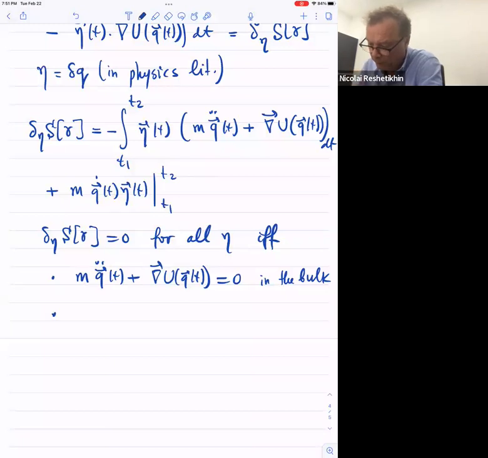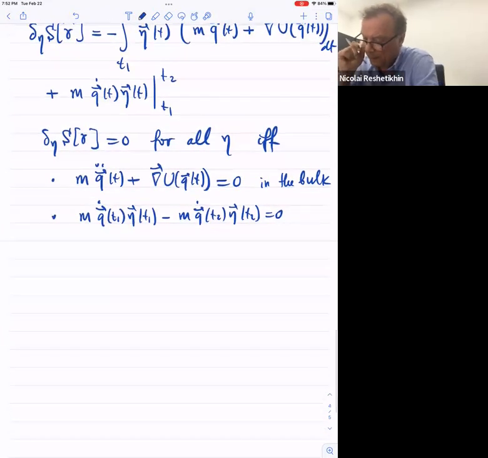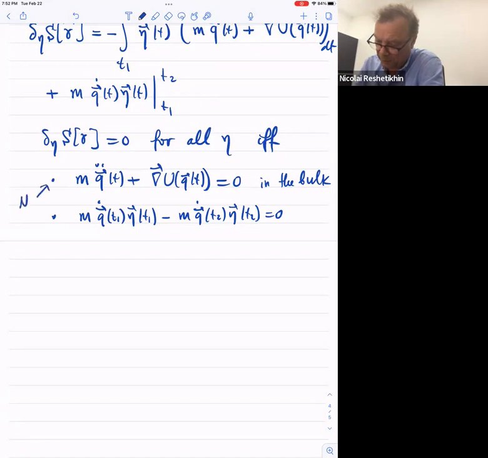But then we also have boundary terms. So we should have m q dot t1 eta t1 minus m q dot t2 eta t2 equals 0. So this is Newton's equations.